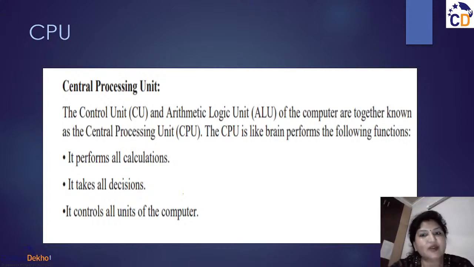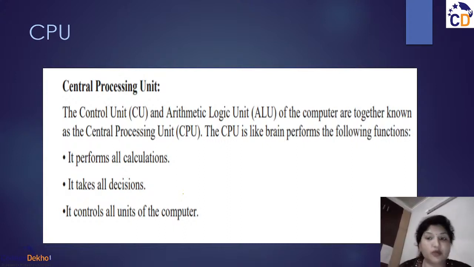The CPU is like your brain. It is the CPU in the computer system which is called the brain of the computer, because it is performing all the tasks using the ALU. It is controlling also by using the control unit. It is storing also.